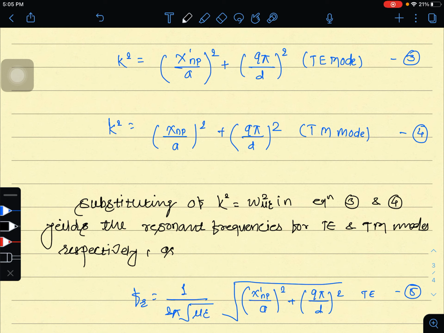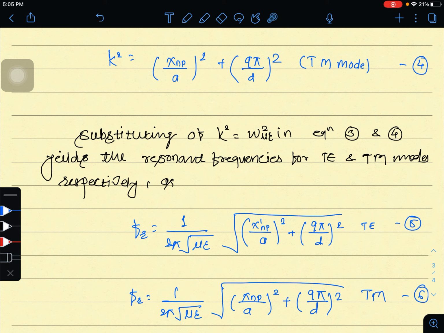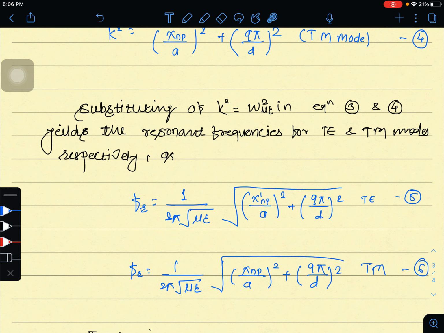Now the first equation is regarding the TE mode. This equation shows the resonant frequency equation: f r is equal to 1 divided by 2 pi root of mu epsilon into the root of (x' np by a) square plus (q pi by d) square.